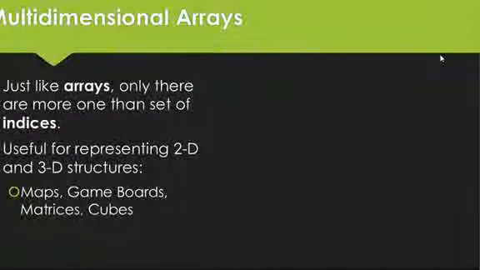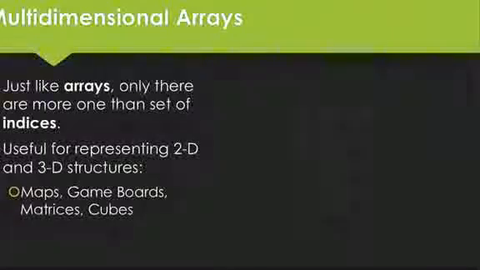The important thing to remember is that a multi-dimensional array is just like a regular array. The only difference is that there's more than one set of indices. These are useful for representing two-dimensional and three-dimensional structures like maps and game boards and matrices and cubes like this one.